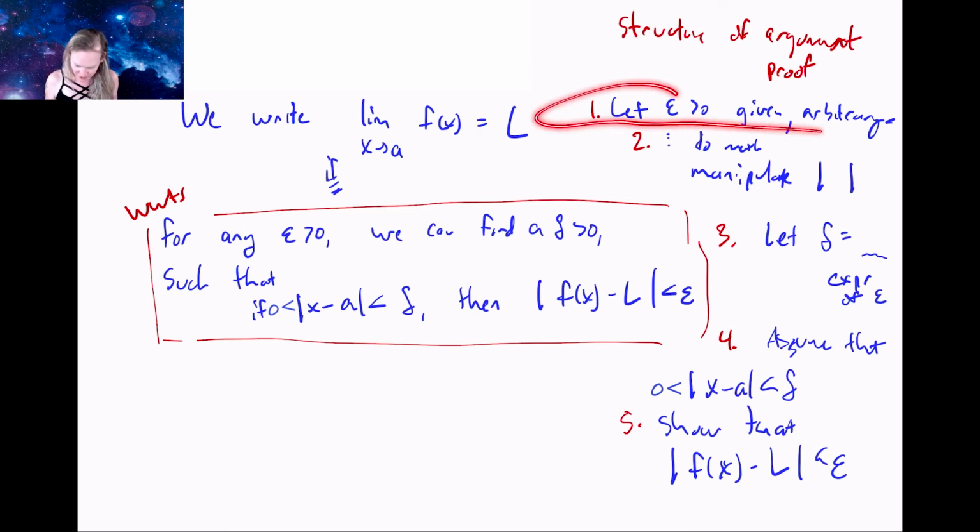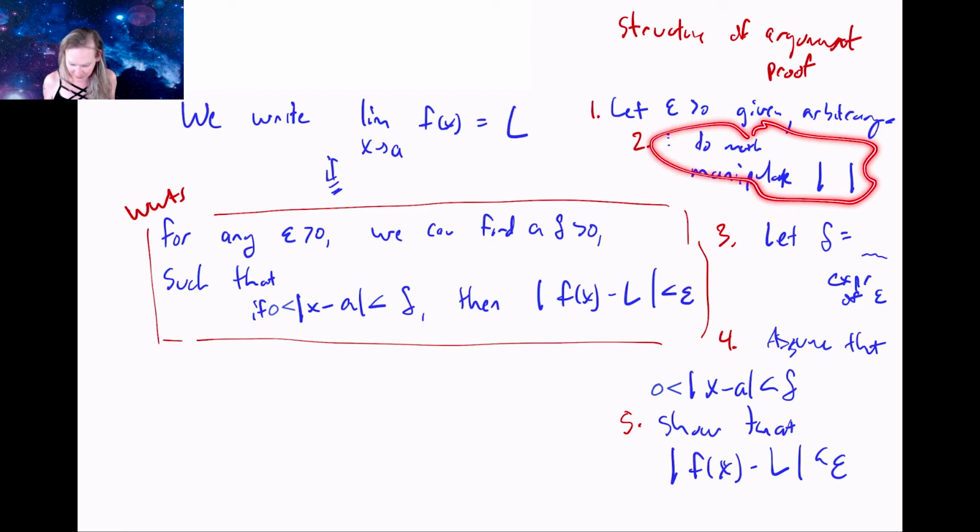In reaction to some arbitrary epsilon, we will do some math and manipulate some absolute value expressions, where what we're manipulating looks like something of the form f of x minus L. We're going to try to factor out some constants and do various stuff. Working with error bounds, stuff's kind of tricky. And that gives us our delta.